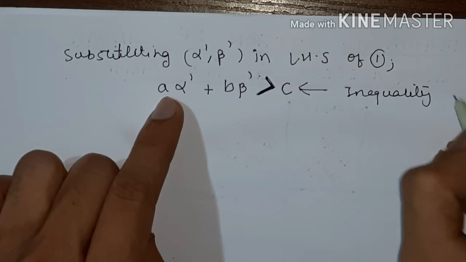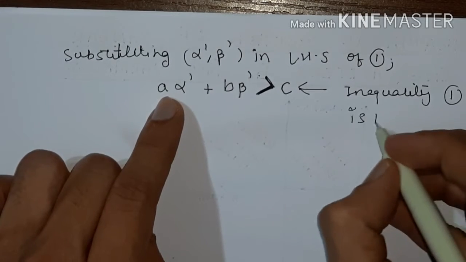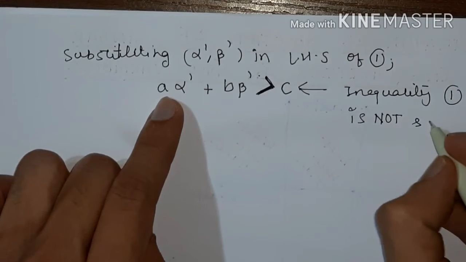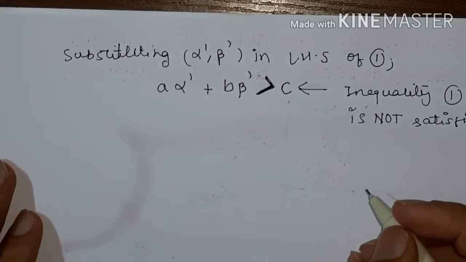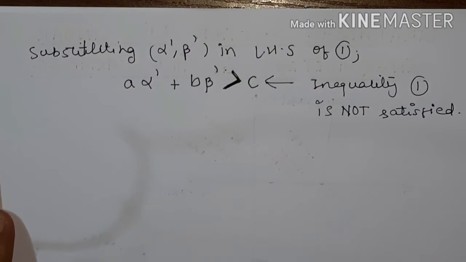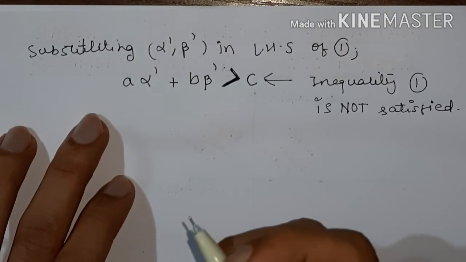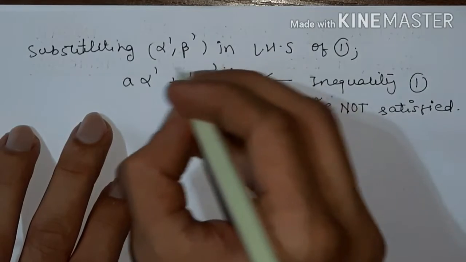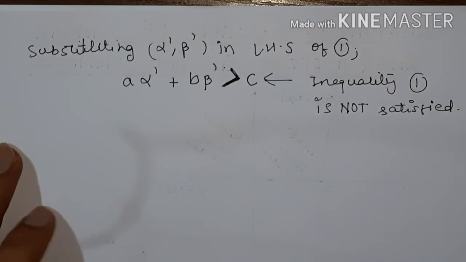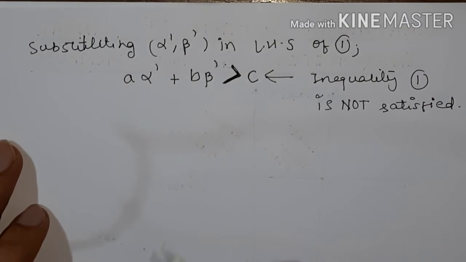Inequality 1 is not satisfied, right. Now the solution region will be what? The solution region will be the region which does not contain this point alpha prime comma beta prime, okay.